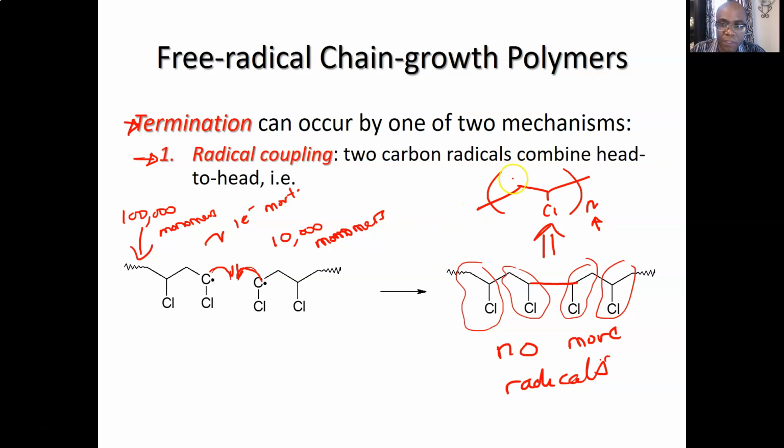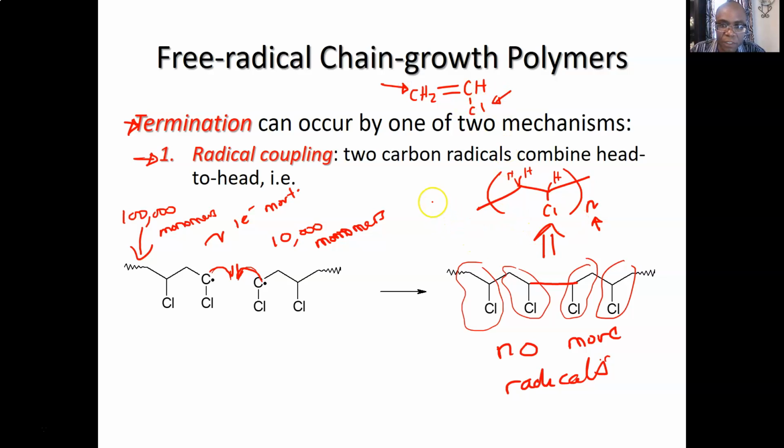Remember, we started with CH2, CHCl. Our monomer was the vinyl chloride, CH2 CHCl. So all those elements are represented in there. We've not lost any hydrogens, we've not lost any carbon or chlorine.